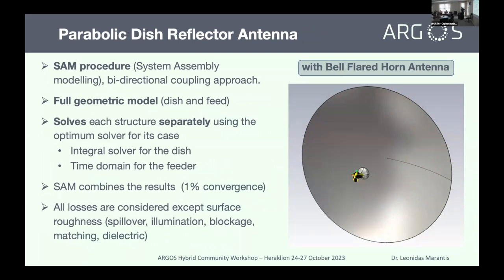It's a bidirectional coupling approach, which means that the full geometry model is used, disc and feed. So all losses are considered in these results, like spillover losses, illumination losses, blockage losses, and matching and dielectric losses.